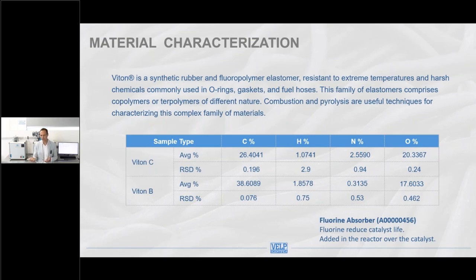Fluorine is an aggressive element, so we can add a special additive called fluorine absorber that can be weighed with the sample and helps to protect the instrument from aggressive fluorine.